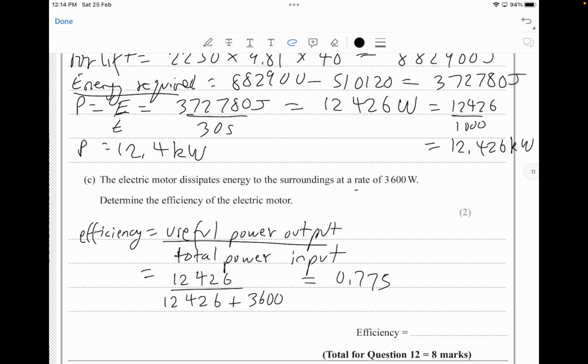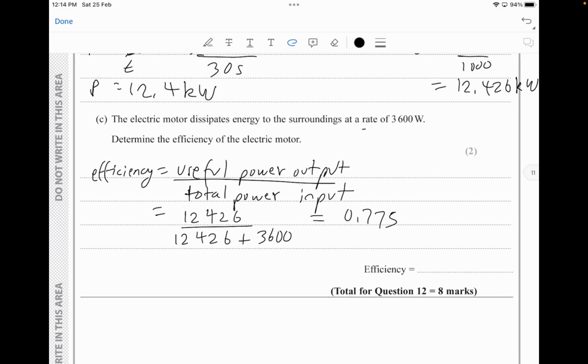Sometimes you can leave this as a percentage, but it would be better if you leave this as a decimal. So 0.78. Your answer is going to be 0.78 for about 2 marks. Alright, so this should be correct. Let's move on to the next question.